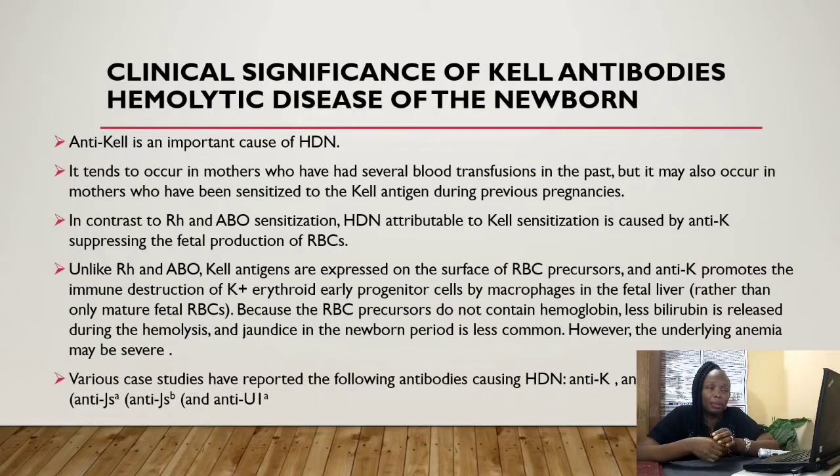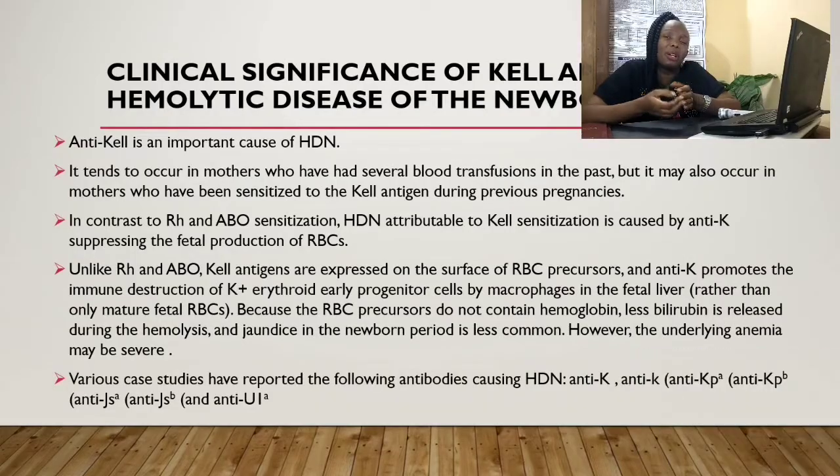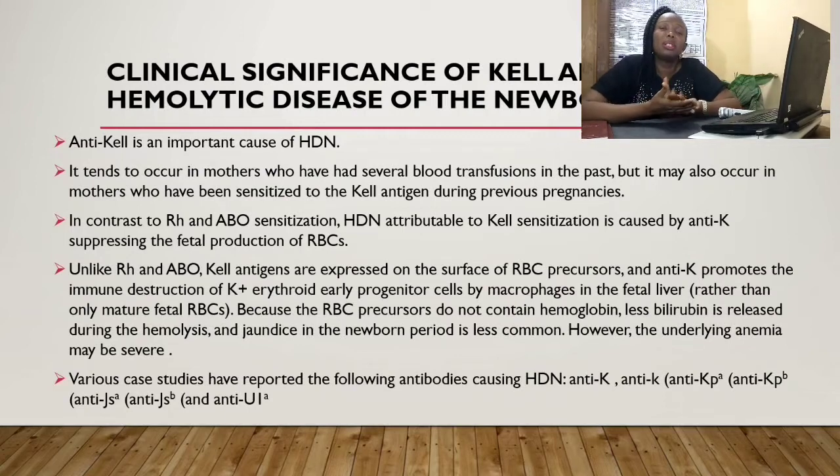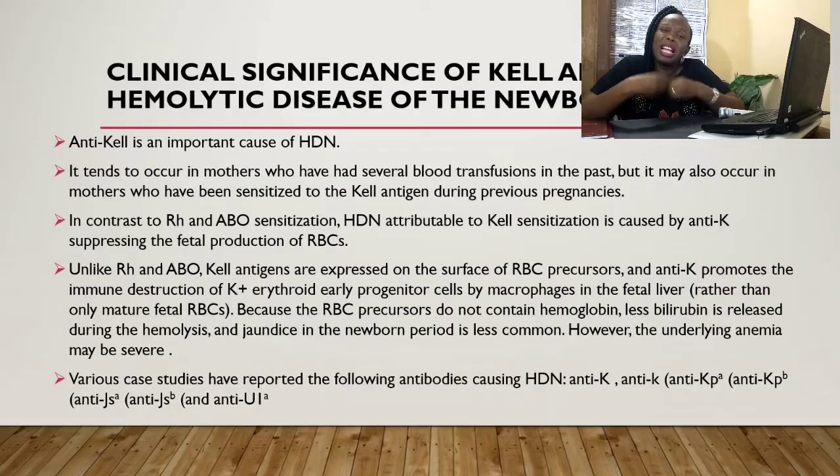But this happens in women who have had multiple pregnancies or several blood transfusions. Once these antibodies against K antigens are formed, because they are immune antibodies, they can navigate through the placental barrier and harm the unborn child by destroying the red cell precursors in addition to the mature red blood cells.